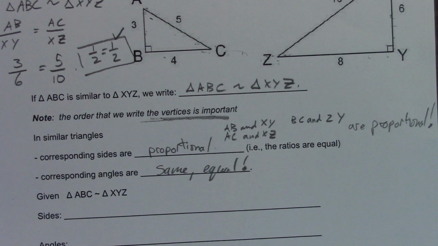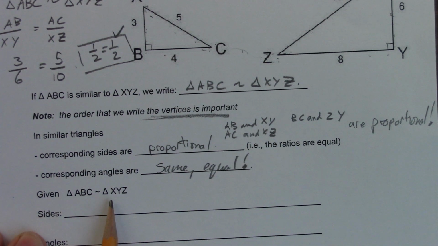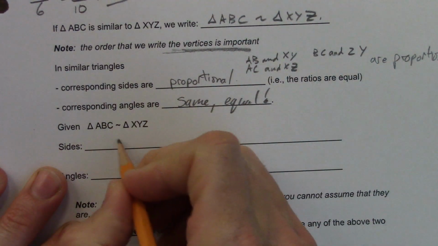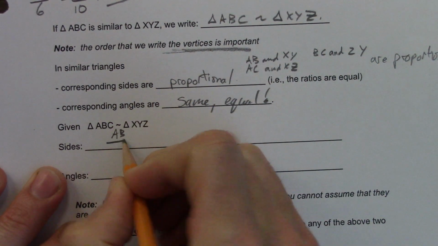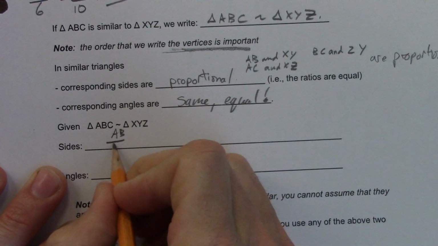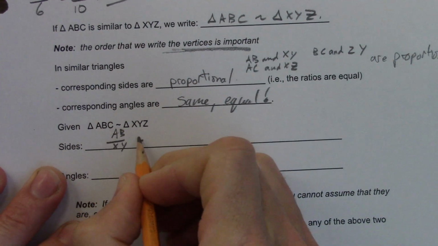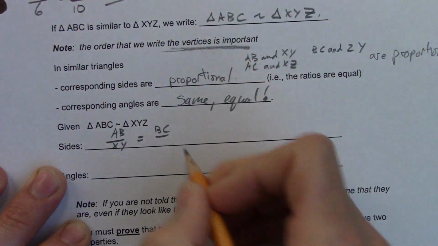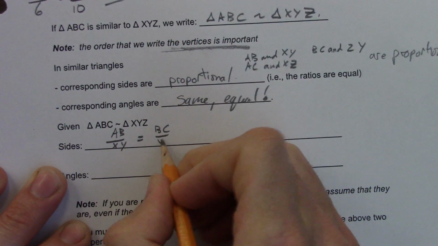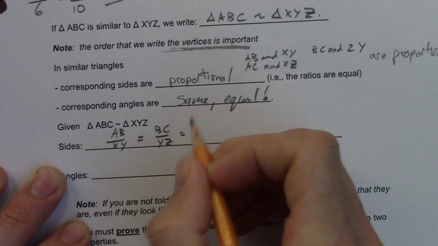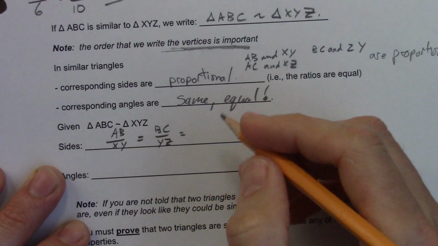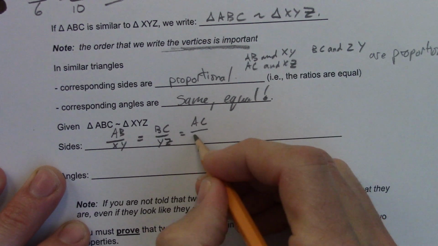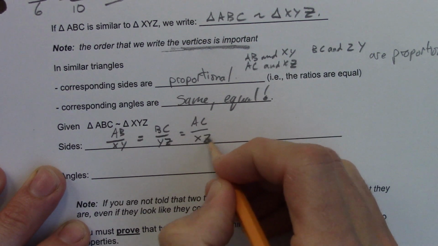All right, so given that our ABC is similar to XYZ, we can say AB over XY is equal to BC over YZ is equal to AC over XZ.